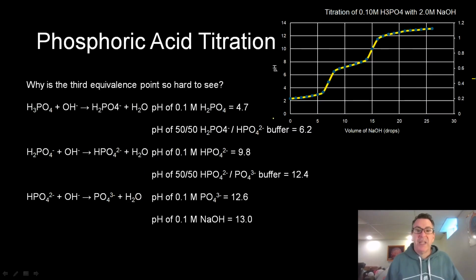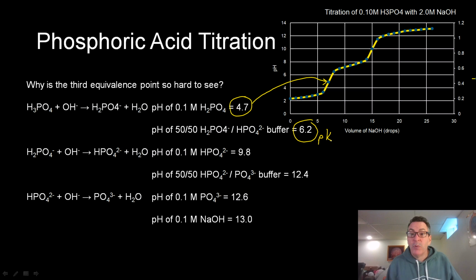And so here, just to kind of reiterate, I actually went through and did the calculations for these. For a 0.1 molar H2PO4- solution, the approximate pH would be about 4.7. That corresponds to that data point right around in there. Then if I had a 50-50 mix of H2PO4- and HPO4 2-, the pH there would be 6.2.